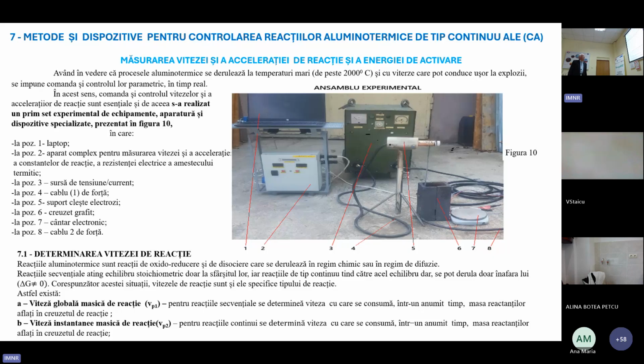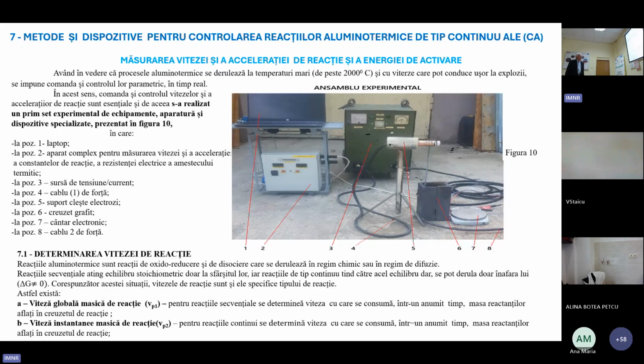Și pentru asta se pune problema controlării acestor reacții, astfel încât permanent ele să dea efecte utile fără să ne pună în pericol viața, a operatorilor sau a clădirilor înconjurătoare.